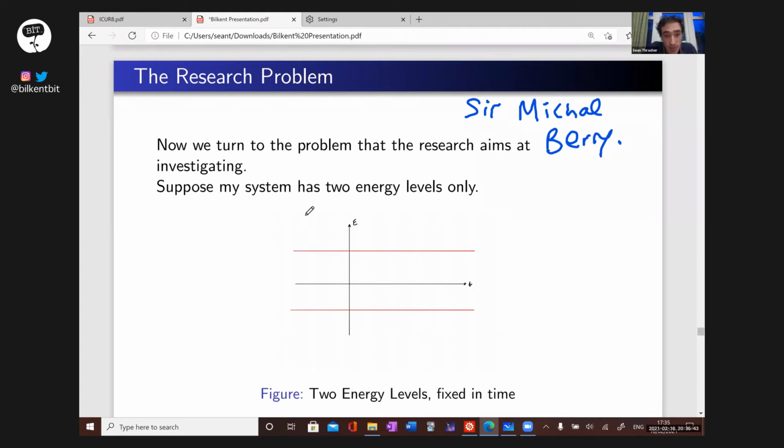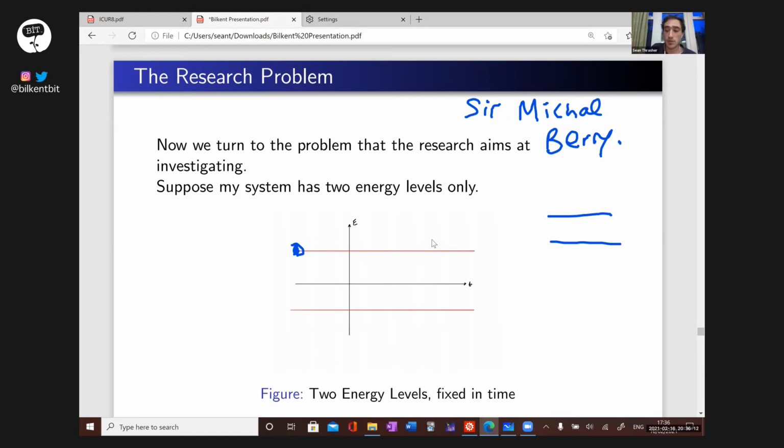Suppose that my system has two energy levels, and at each moment of time it's exactly the same, so my Hamiltonian is not dependent on time. Then what we know is that if you do a measurement and find that the electron is in one of these energy levels, it will remain in that energy level forever.